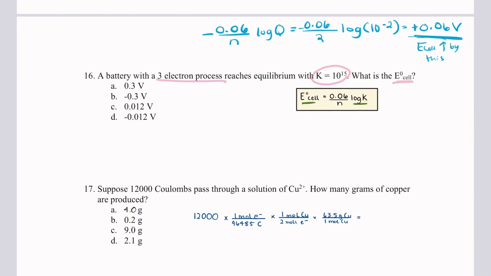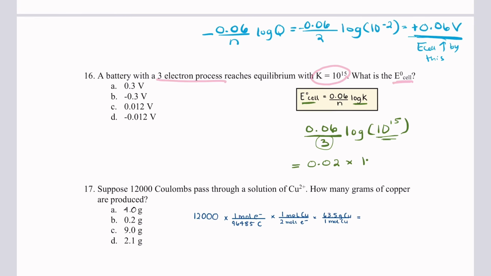The relationship is that the standard cell potential equals 0.06 volts divided by the number of electrons transferred, N, multiplied by the log of the equilibrium constant, so log K. Here, the number of electrons transferred is 3, and the equilibrium constant is 10 to the 15th. The log of 10 to the 15th is 15, and 0.06 divided by 3 gives 0.02.